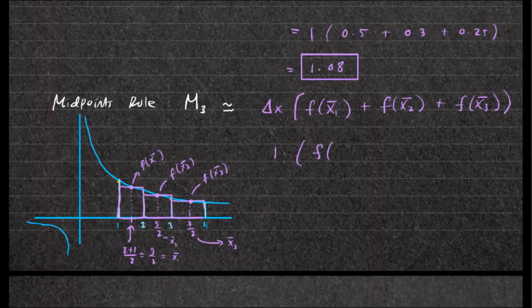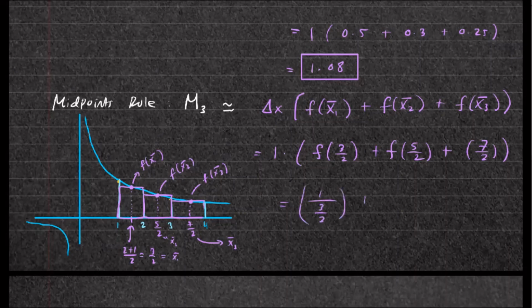So the first midpoint we're using is 3 over 2. The next point is 5 over 2. The last one is 7 over 2. Then plug them into the function. So this is equal to 1 over 3 over 2 plus 1 over 5 over 2, and the last one 1 over 7 over 2. So it's 1 over because the function originally is 1 over x. So you're plugging in 3 over 2 into x right here.